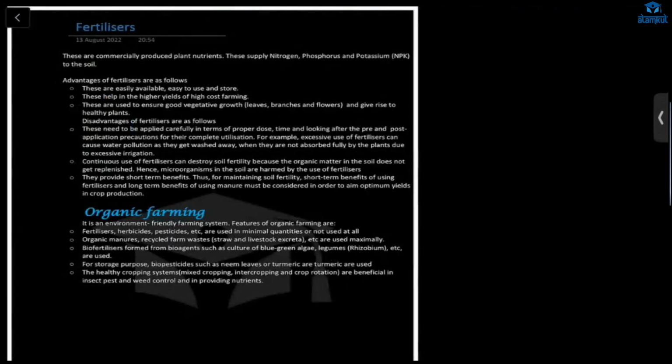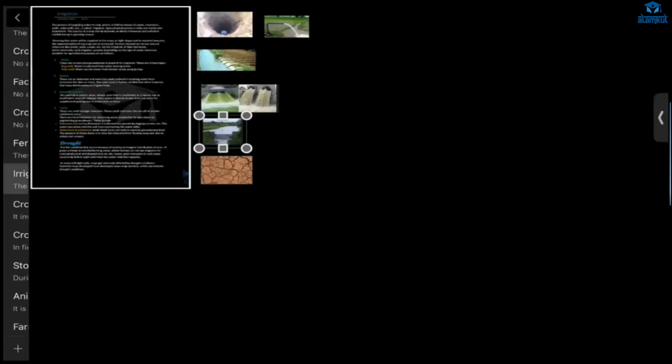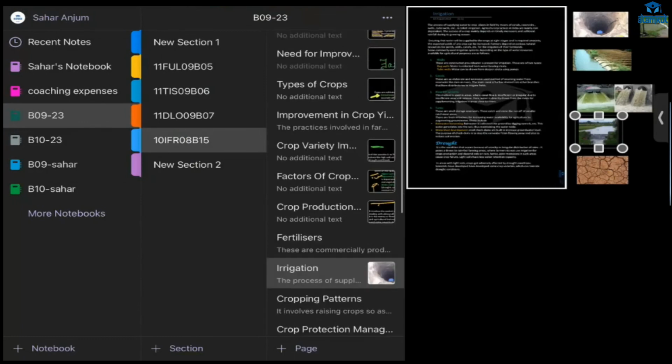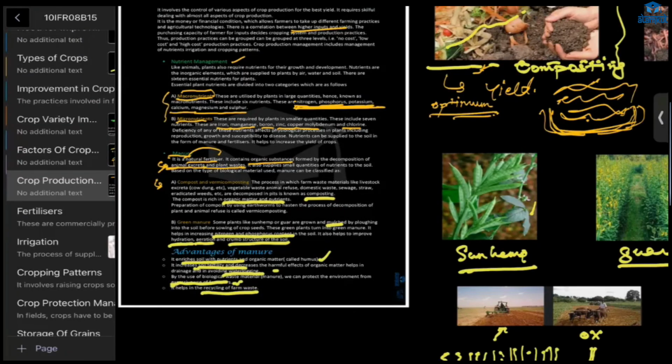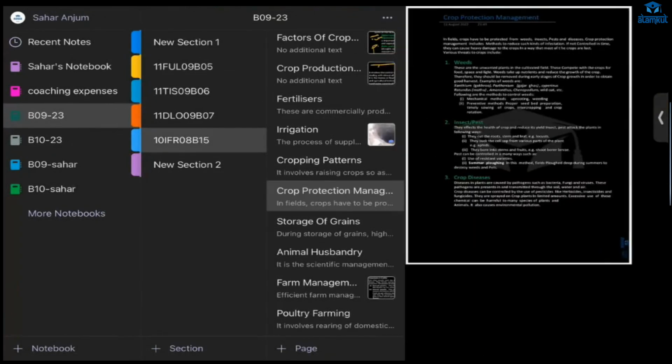Then organic farming. After that, we'll talk about irrigation. Then cropping patterns. With this, our crop production management will be over. After that, we have to start crop protection management.